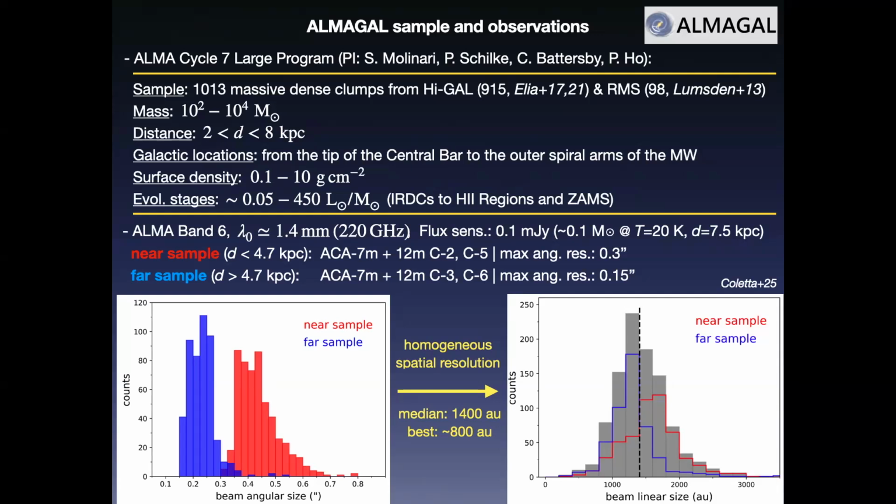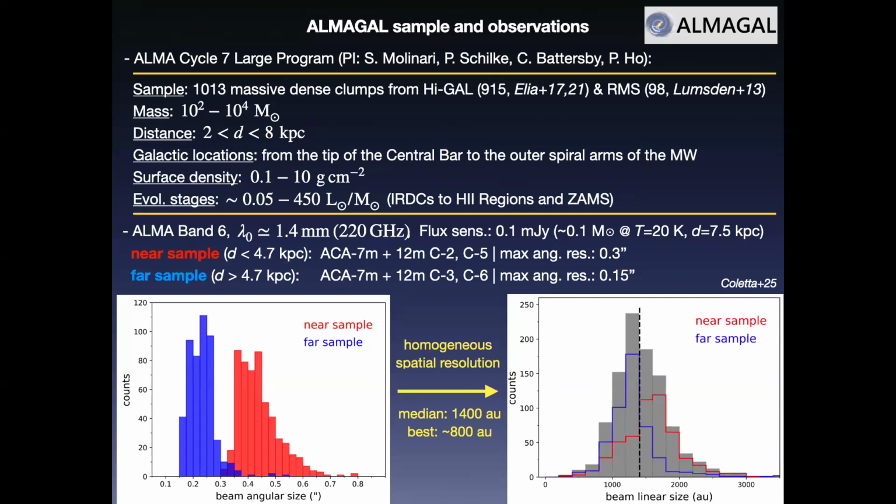We have very wide ranges in terms of physical parameters, for example, in terms of mass, heliocentric distance, different galactic locations covered across the Milky Way, and surface density, selected to be at least compatible with massive star formation, and importantly in terms of evolutionary stages that we trace through the L/M evolutionary indicator, so the luminosity over mass ratio of the clumps.